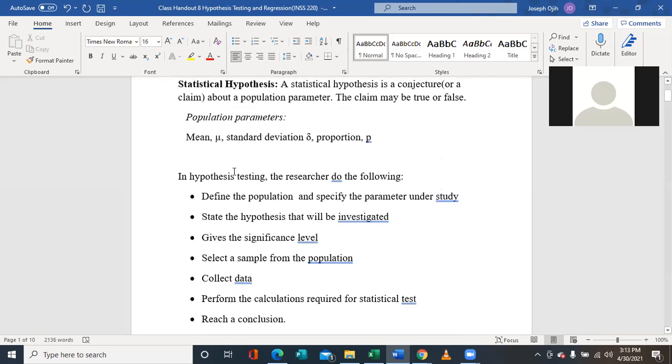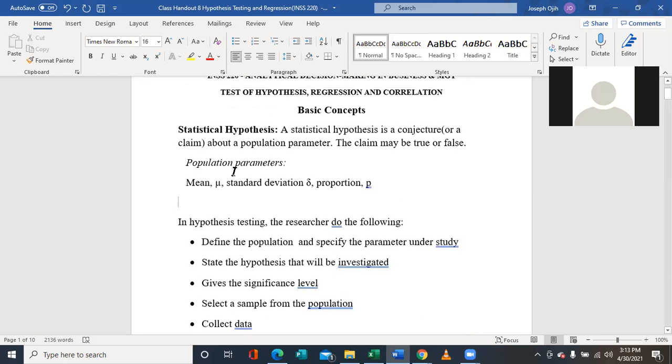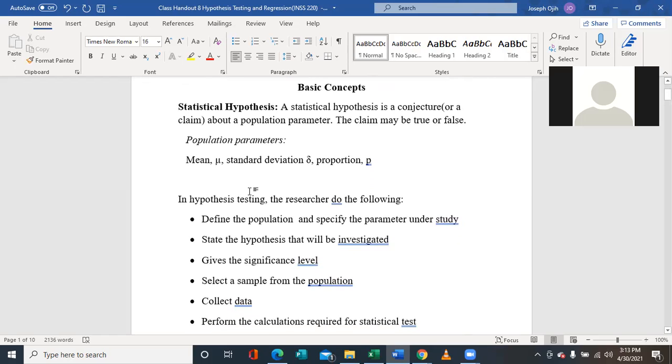Today we'll be showing you how to state hypothesis. On Monday, we will begin analyzing hypothesis. So for today, our focus is how to state hypothesis.